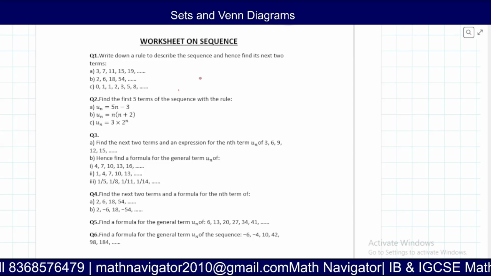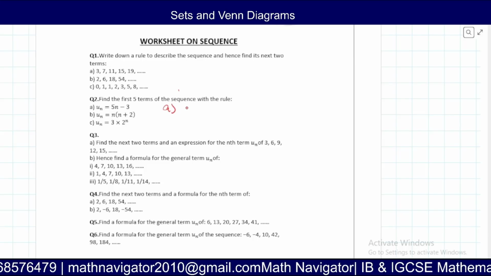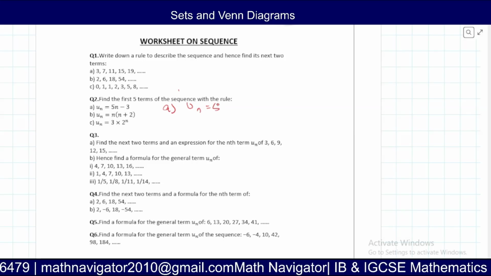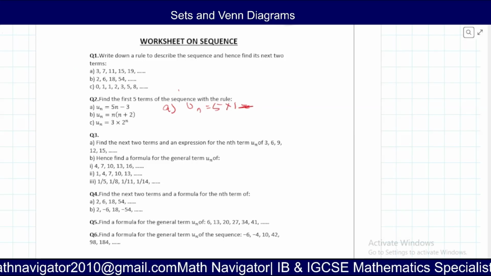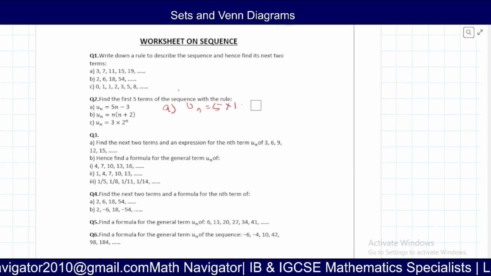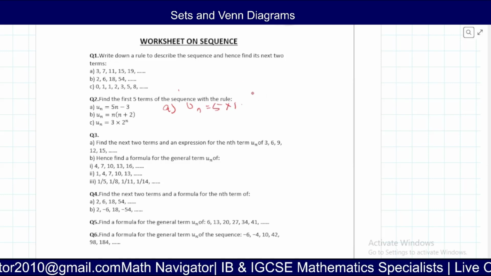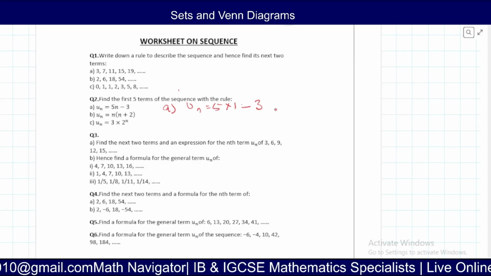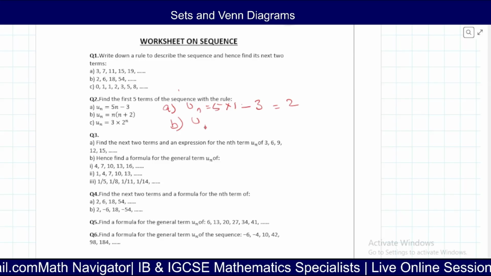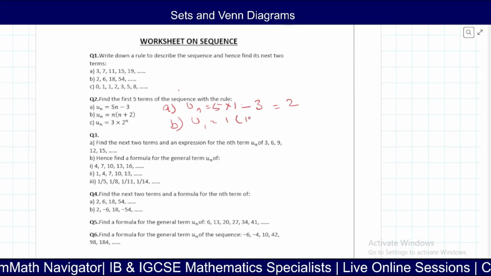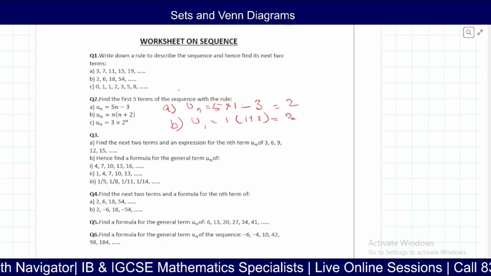So for the a part, un is equal to 5 times 1 minus 3, which will be 2. In the b part, u1 is equal to 1 times 1 plus 2, which is 3.